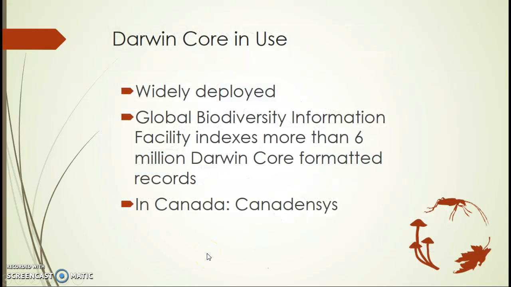Darwin Core is widely used. The Global Biodiversity Information Facility, or GBIF, for example, indexes more than 6 million records from all over the world. In Canada, Canadensis, operated from the Université de Montréal Biodiversity Centre, is a Canada-wide effort to make biodiversity information accessible to everyone.